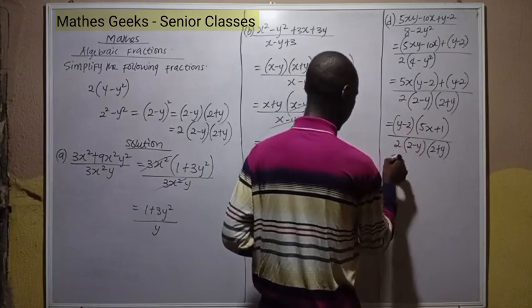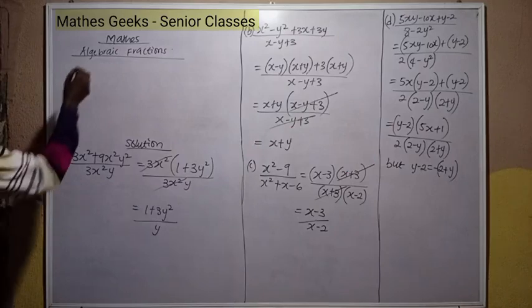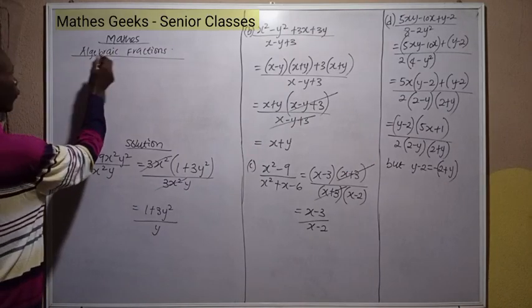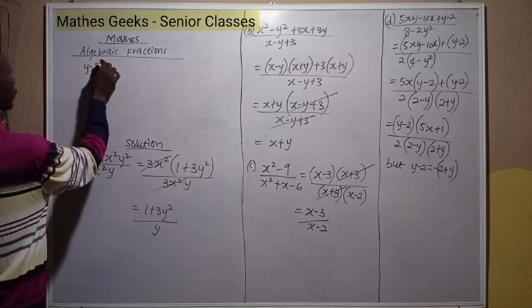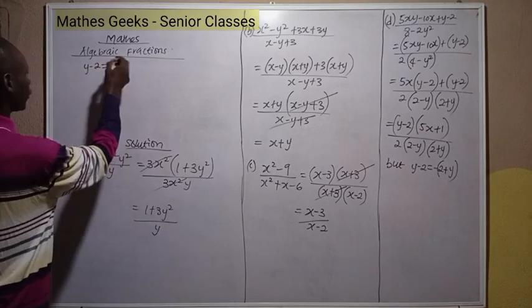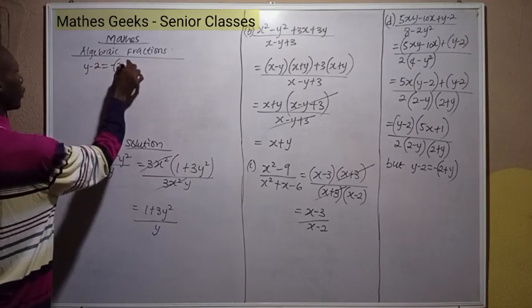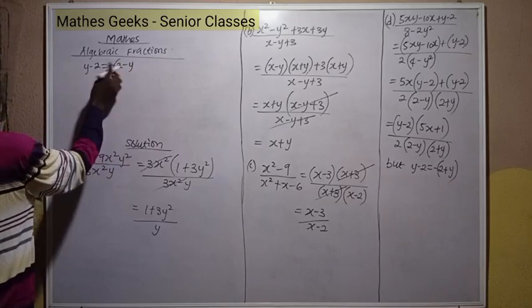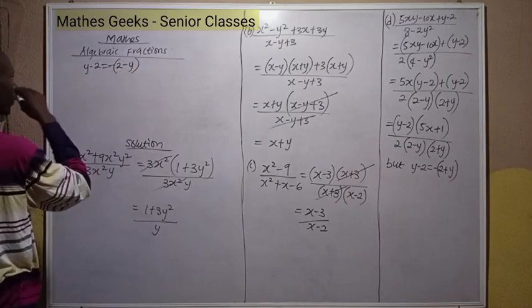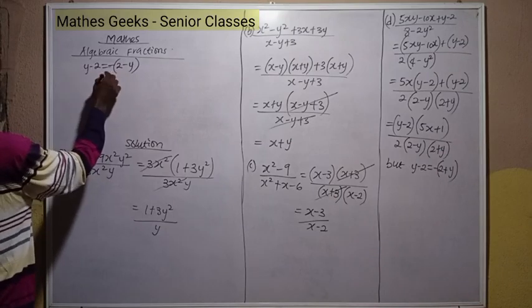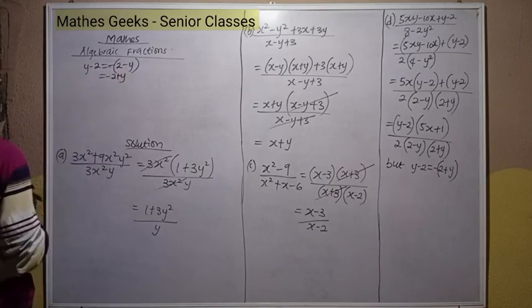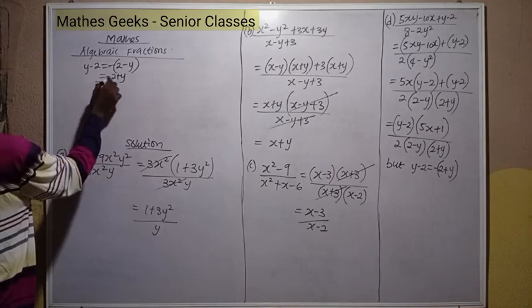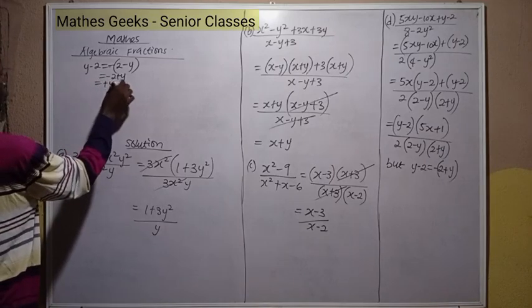If we reverse y minus 2, it's going to be minus of 2 minus y, such that when we open the bracket, it's going to be minus 2 plus y, which is plus y minus 2.